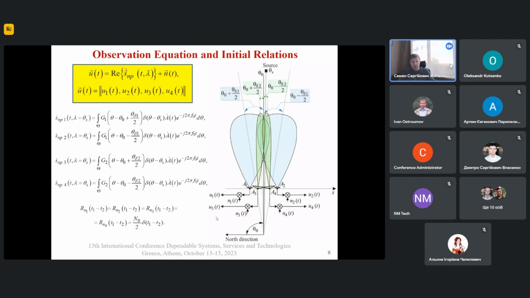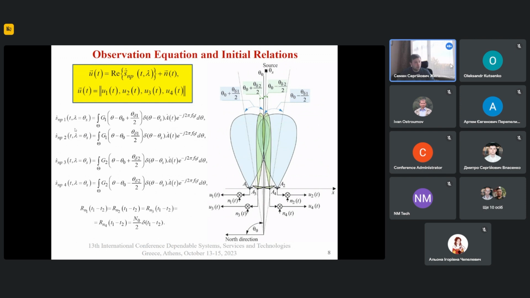We cannot just subtract signals in one pair of antennas, in another pair of antennas, and then what do we have to do? To sum it, to subtract it, to divide it, and other things. That's why we stated the optimization problem to find the optimal algorithm.